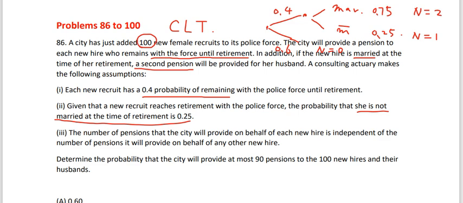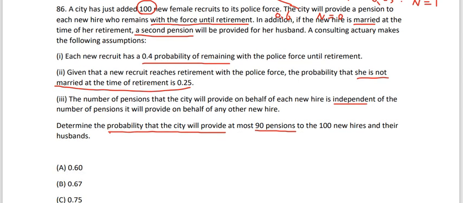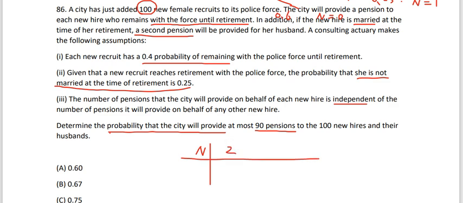The pension number from person to person is independent. We want to determine the probability that the city will provide at most 90 pensions for those people. For each person, the number of pensions can be 2, 1, or 0.